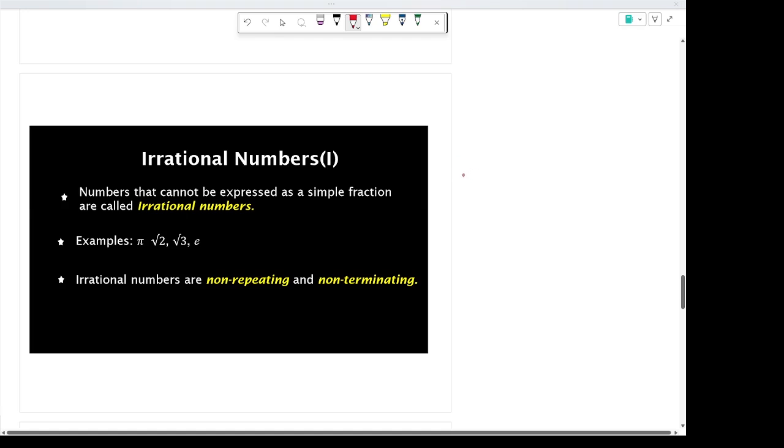The value of Euler's number, e, is 2.71281, and it goes on forever, never ending, never terminating. So irrational numbers are non-repeating and non-terminating.